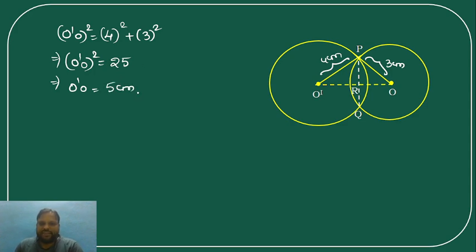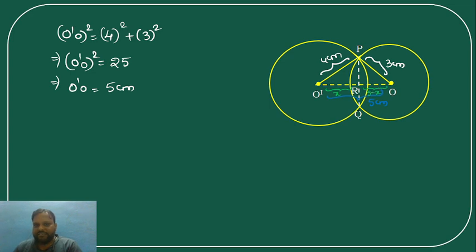Obviously we'll be taking 5 centimeters. So O dash O, I got it. This complete part is 5 centimeters. Now first, let us consider O dash R as X. If O dash R is X, then what will be OR?